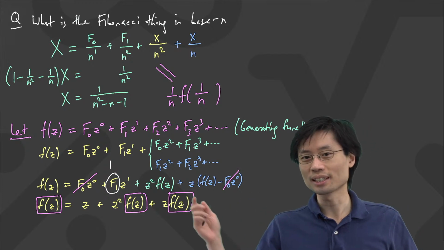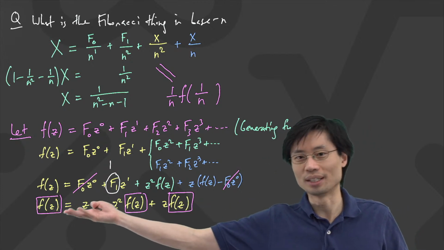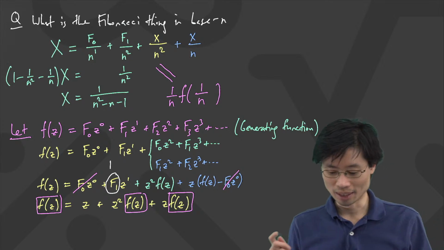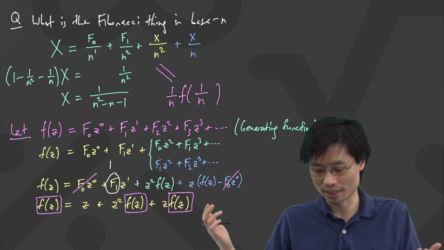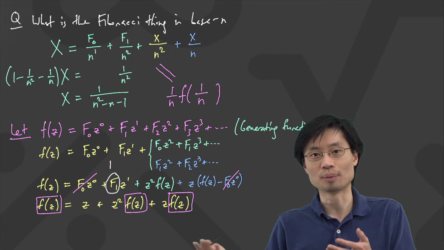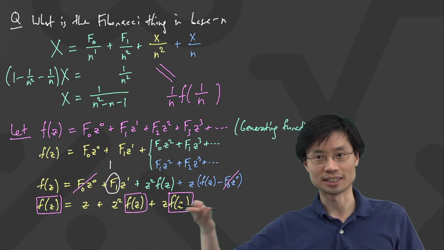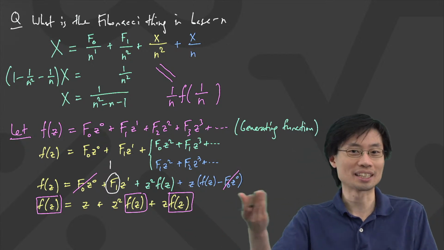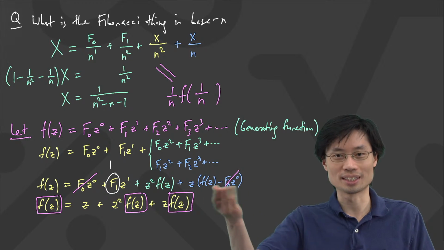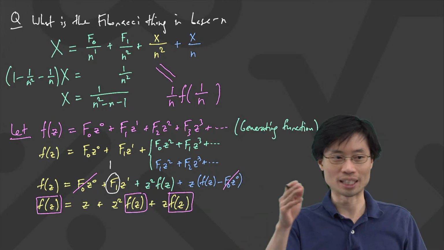Yeah, so the important thing is many people aren't used to solving an equation for f of z as a big blob, which is why I wrote it inside this box. It's an unknown. What I mean is that whatever z happens to be, f of z satisfies this, right? So what if z happened to be, for example, 1/10, because that's something we would care about. 1/10 was this thing for the Fibonacci decimal.